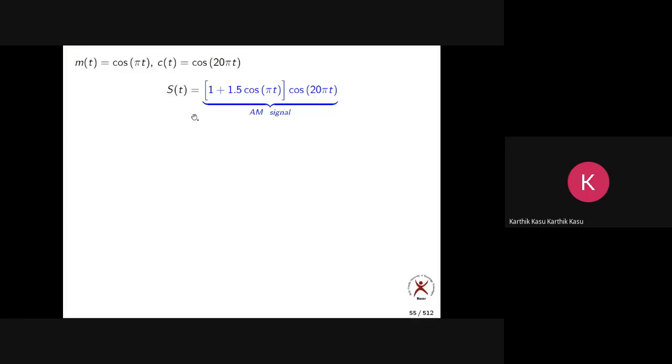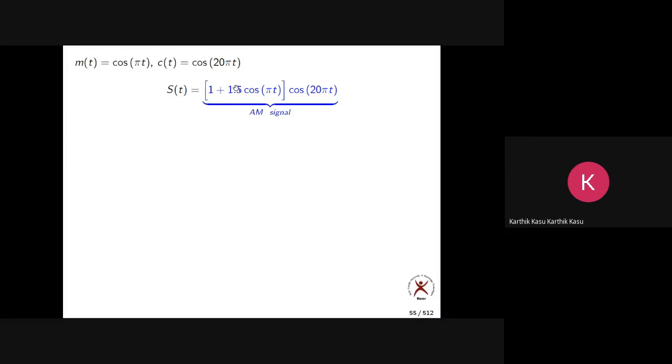Now you can clearly see here, what is the envelope? In these brackets, we have the envelope. Agreed or not? Now this is the envelope. I told you the same analogy in case 1. Here, what is the maximum value of this envelope?